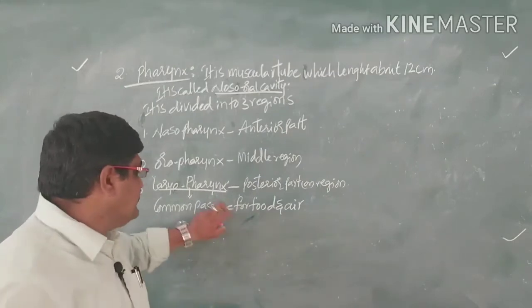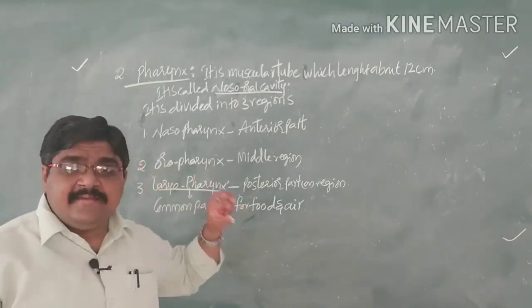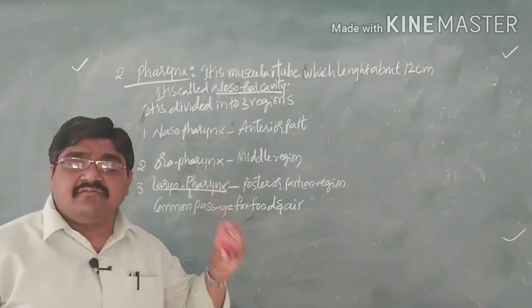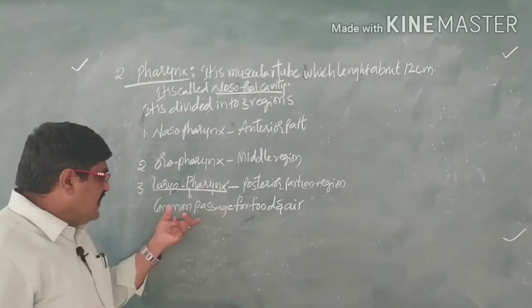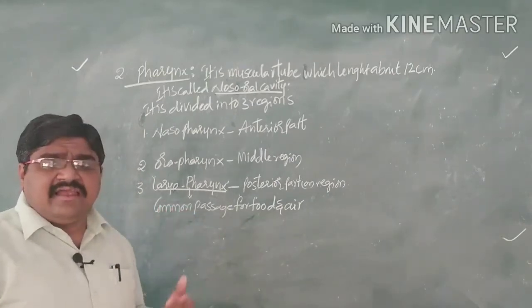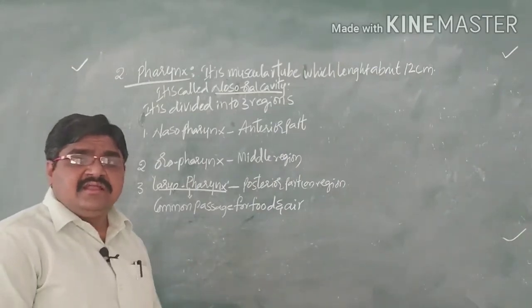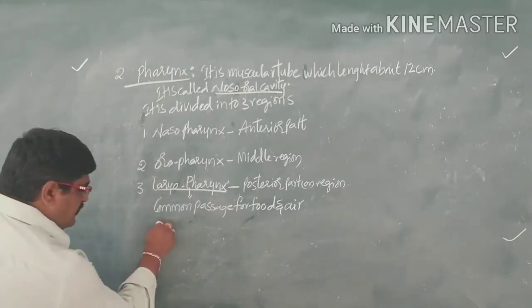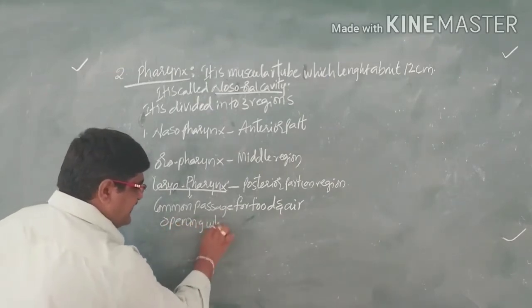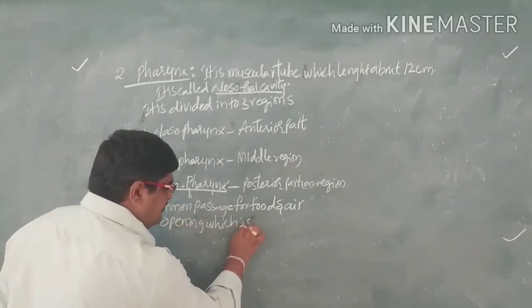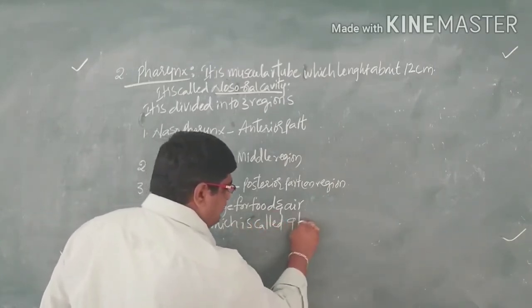So we can call the laryngopharynx a common passage for food and air. Also, here in the laryngopharynx, there is an opening, which is called the glottis.